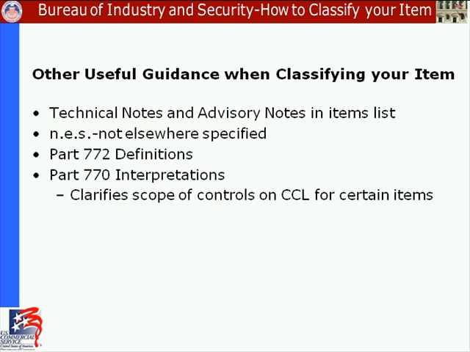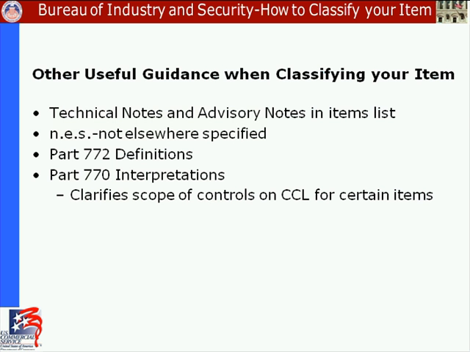You don't have to worry about each component inside the equipment. Those ECCN numbers, you don't care. But if you export the component by itself, then we need the component ECCN number. This is identified in our Part 770. There's one interpretation that talks about this.